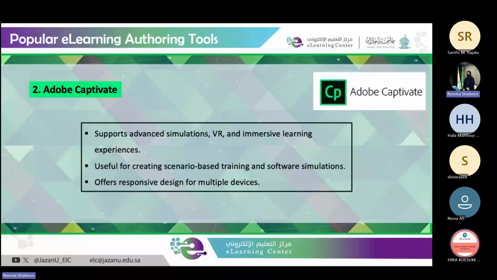If we are talking about authoring tools, you must know what an authoring tool actually does and how we can explore it. Then the second part is which authoring tool you are going to use. So we are giving you a variety of authoring tools. Some are online authoring tools, so you do not need to install them.